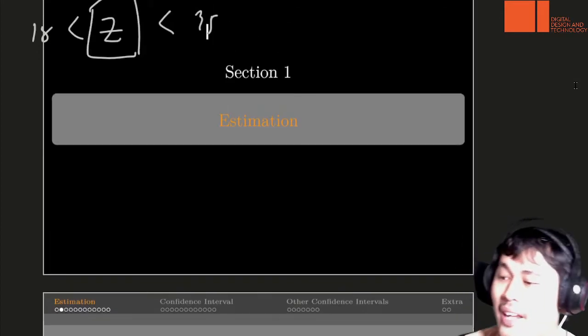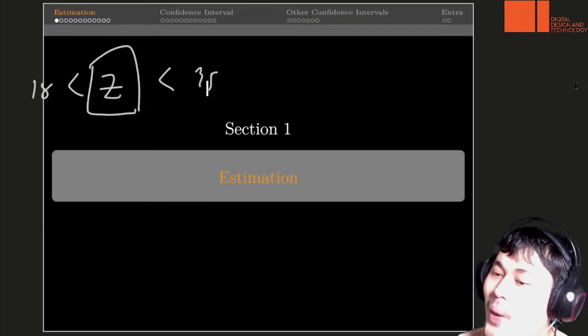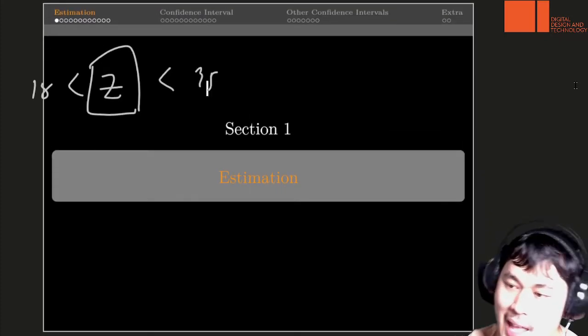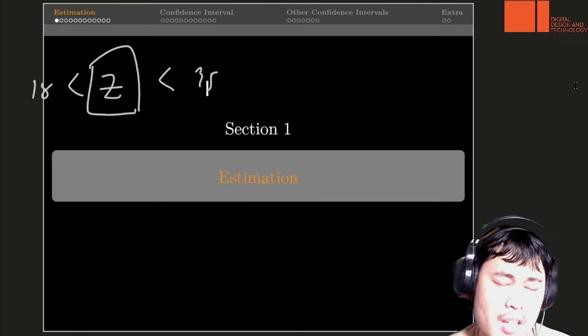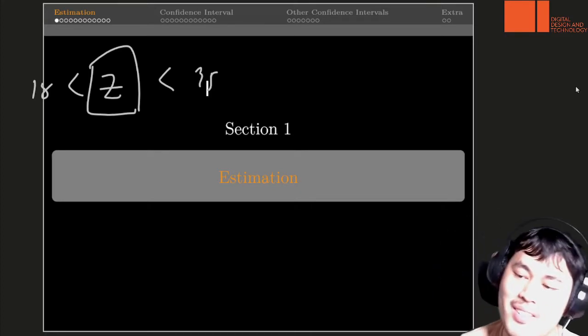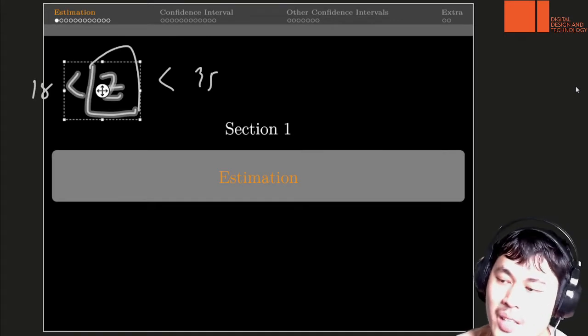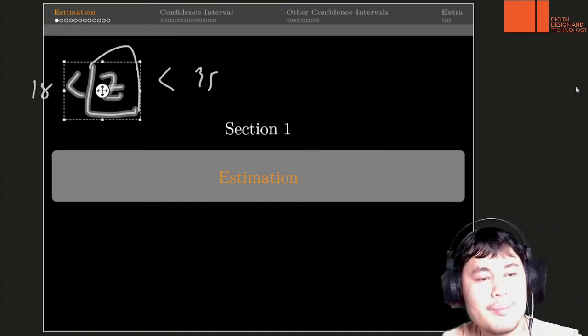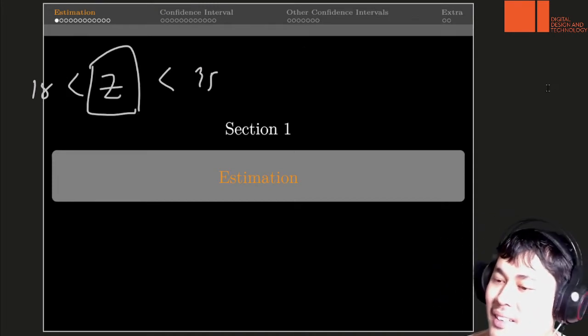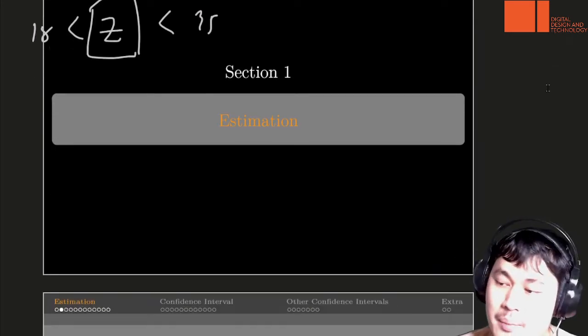But before we start estimating, let's recall why we have to do all these things. Because again, if I ask you to estimate the age of a random person on the street, you can just think, oh, it's something between, I don't know, 20 and 25. You can pick two random values, and that could be a fine estimation.